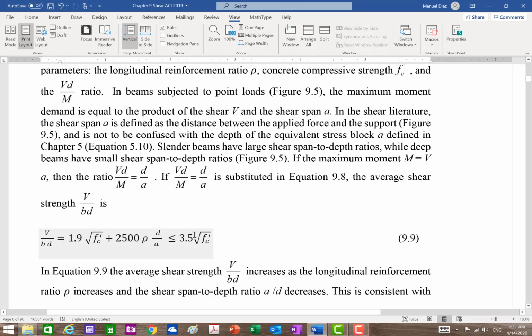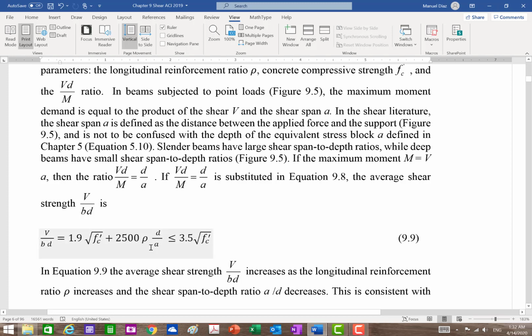And at the time we put a limit like this, that was like 14, before 14 now, right? Notice then that the shear strength will increase as you increase your longitudinal reinforcement, and of course will increase as you increase f prime c. Now bd here is multiplying, and so it will increase with b and it will increase with d in this equation, right?